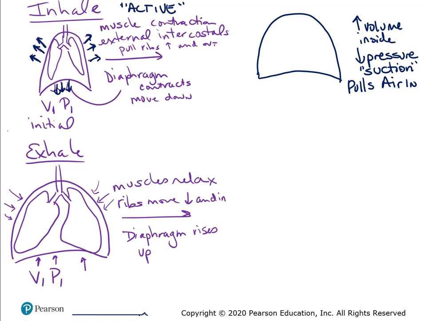Increase in volume, decrease in pressure, which then acts to suck air into the lungs. So remember, you got your trachea, the bronchi, the little airway branches. And the lungs are really just this elastic, stretchy tissue. So these pull air in, the lungs inflate, increasing in their volume, and that helps to bring the pressure back to normal.